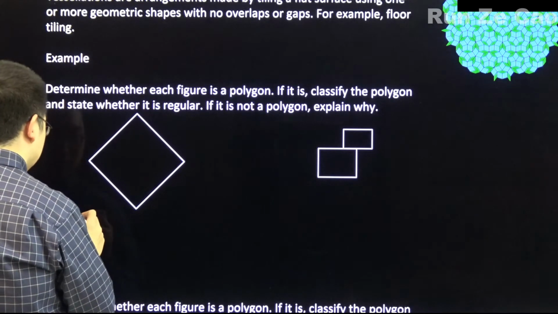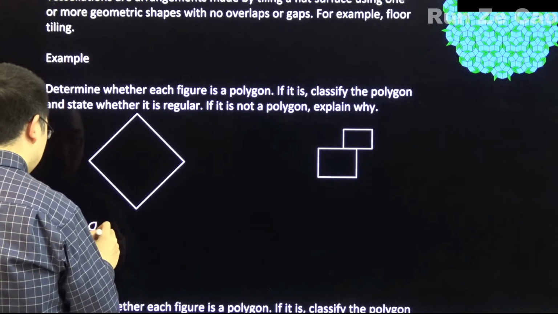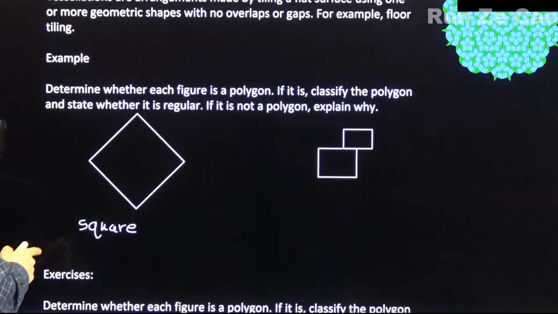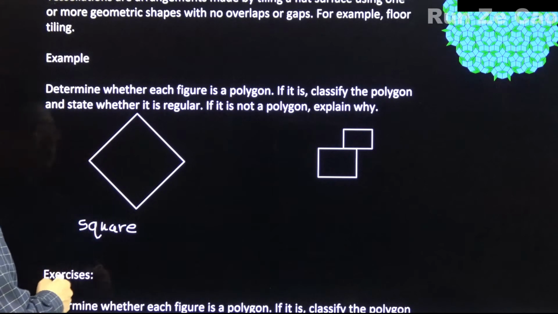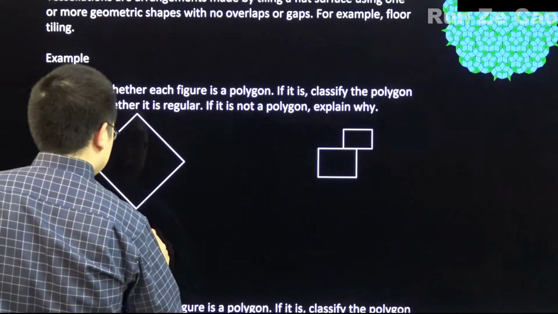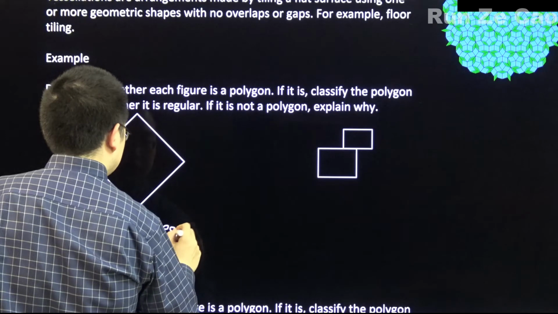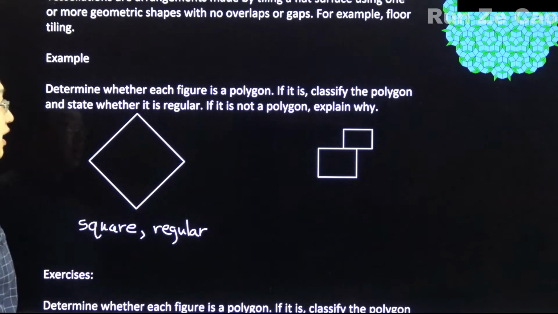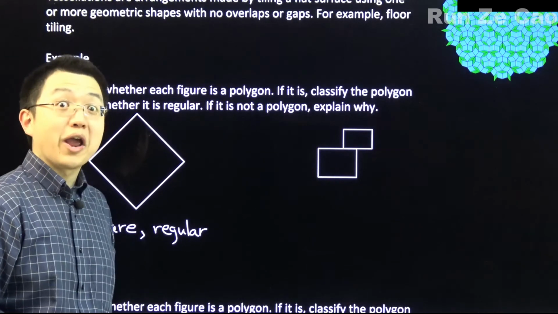This is a square. When you have specific types of special quadrilaterals, you generally just label them by their specific type. Regular. Or you could say regular quadrilateral, because a regular quadrilateral is a square.